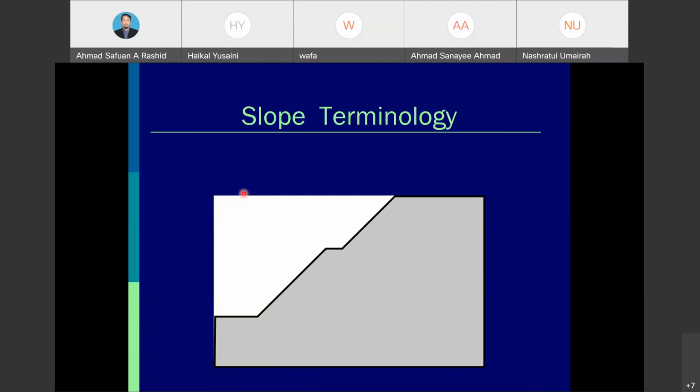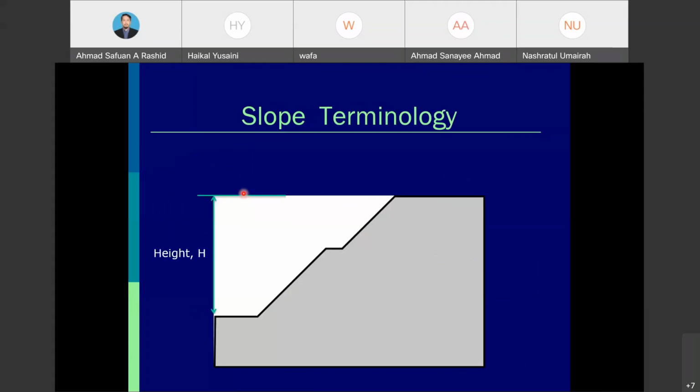So for the slope terminology, we have here the height of the slope. First, this is a finite slope. I will discuss next week the types of slope in terms of their geometry.